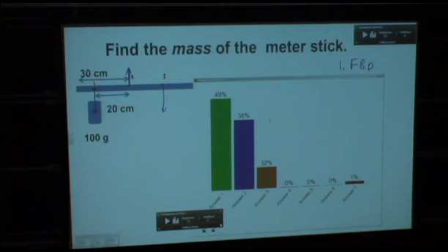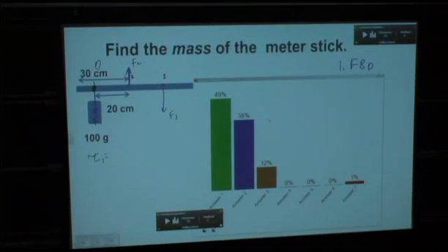So let's do this. I want to choose the axis of rotation here. And relative to this axis, the torque due to, let's call them force number one, force number two, force number three.